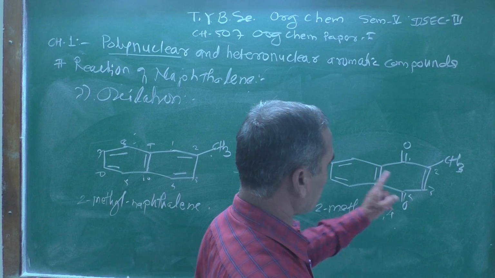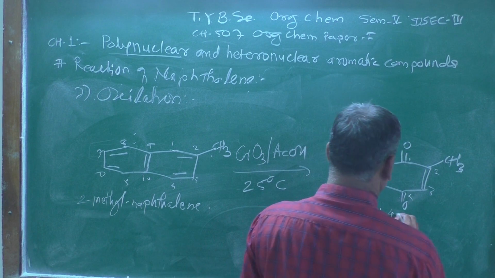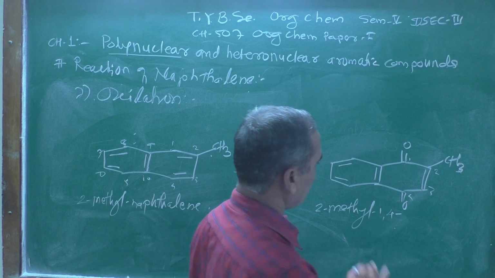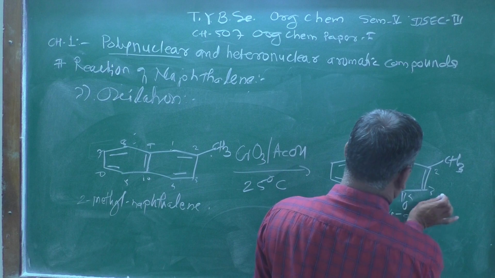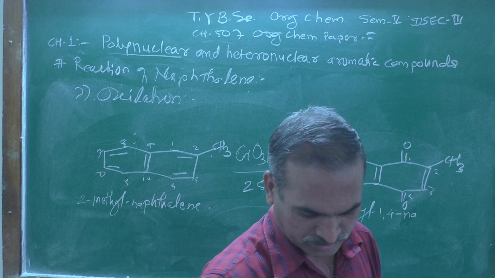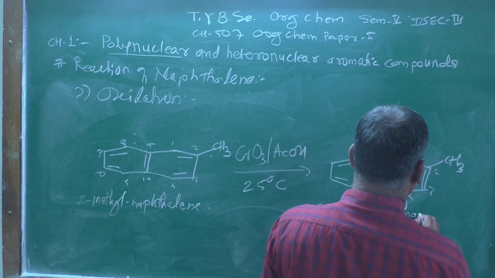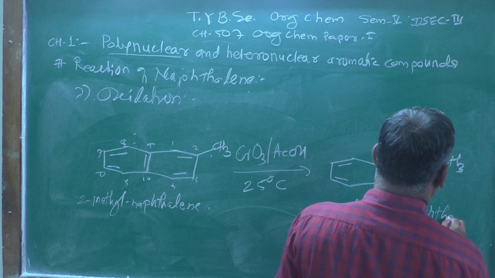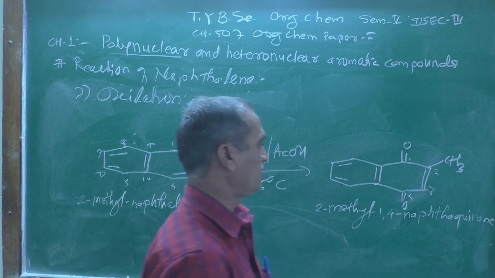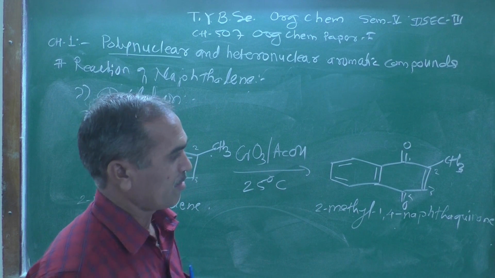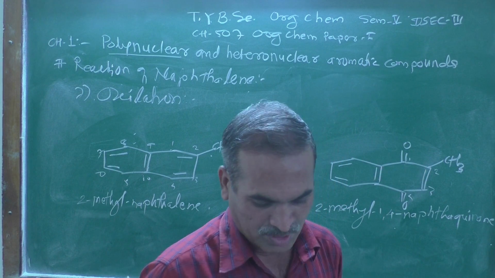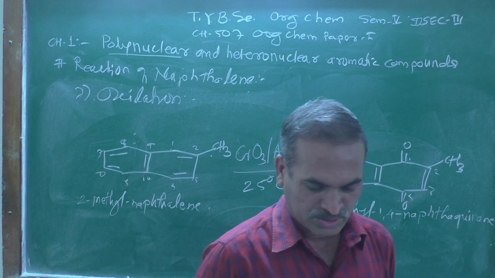The second carbonyl group is present at the 4 position, and therefore it is written like this: 2-methyl 1,4-naphthaquinone. We can call it 2-methyl 1,4-naphthaquinone. That is the IUPAC name of this compound.